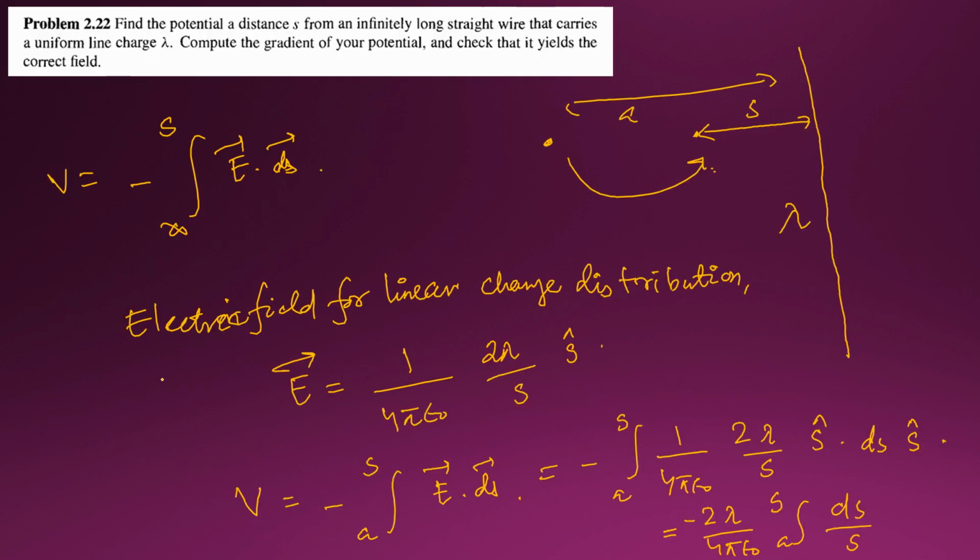Why did I take a here? Because if we take infinity, suppose I took infinity, it would have come as the integration of ds by s from infinity to s.